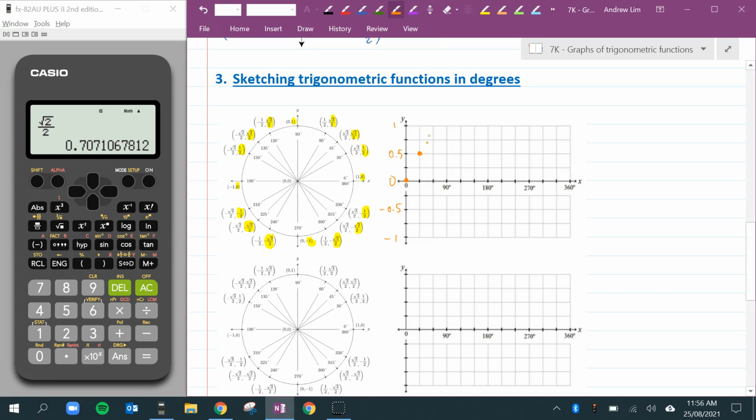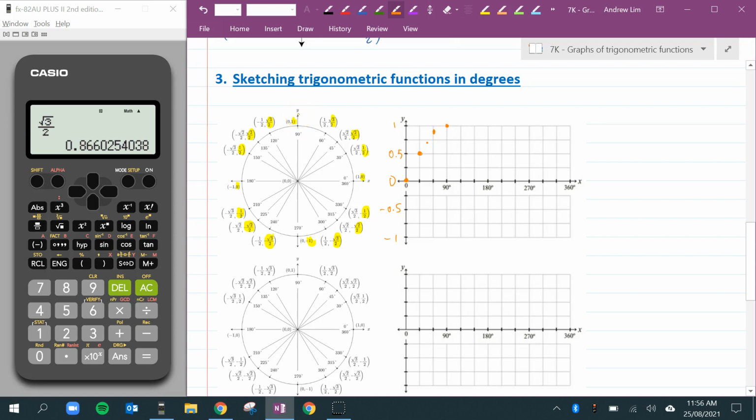60 degrees is root 3 on 2. Let's see what that is. Root 3 on 2 is about 0.87, probably about here. And then 90 degrees is 1, so sine of 90 is 1.